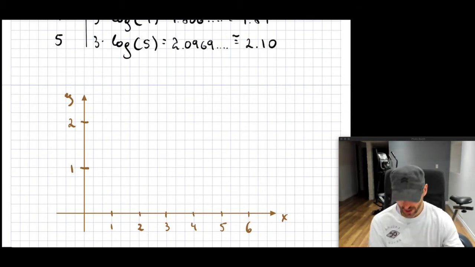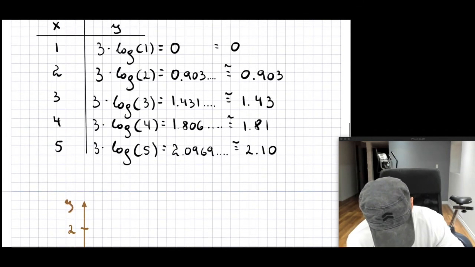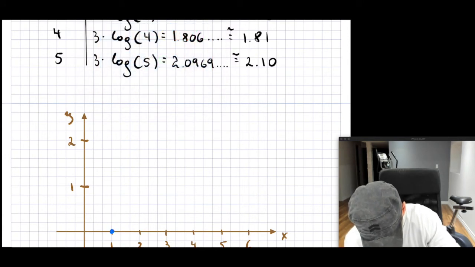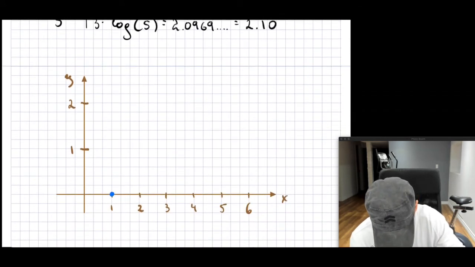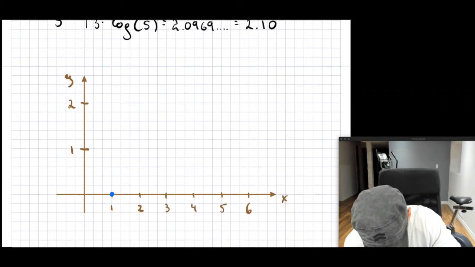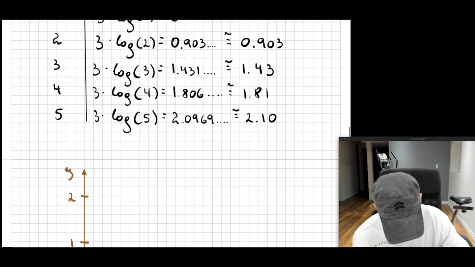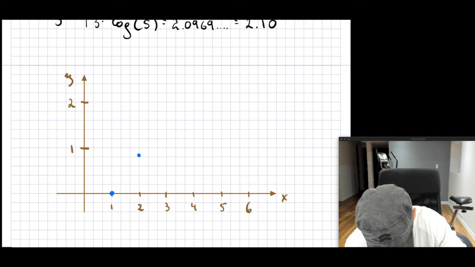All right, so here, my first one, which is at 1, was 0. So that's easy to graph. So there you go, that's 0 right there. 2 is 0.903, so it's going to be very close here to the 1. 3 is 1.43, so it's going to be somewhere along here.